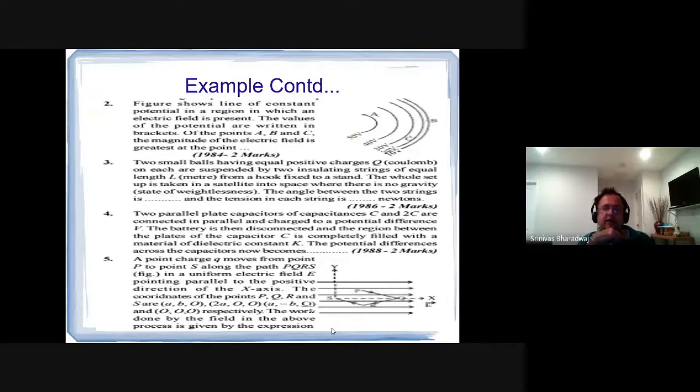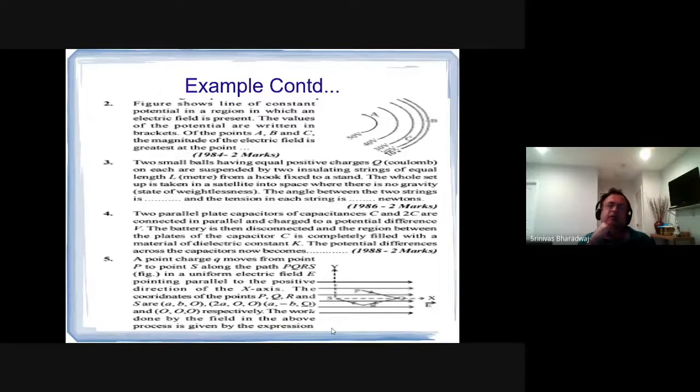So the work done in the above field is given by the expression. It only depends on E dot A. So Q times E dot A. Work is force times distance.